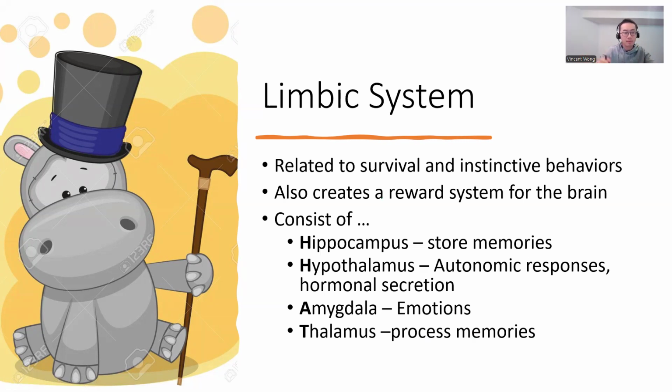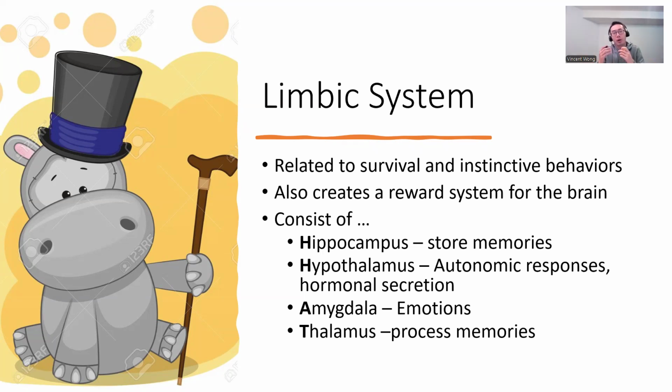It's one of the most primitive systems that has always been there to drive our survival instinct. And it does so by creating a reward system for the brain. If you do things that enhance your survival, those pathways will release neurotransmitters and hormones that make you feel good about it, so you want to do it again.